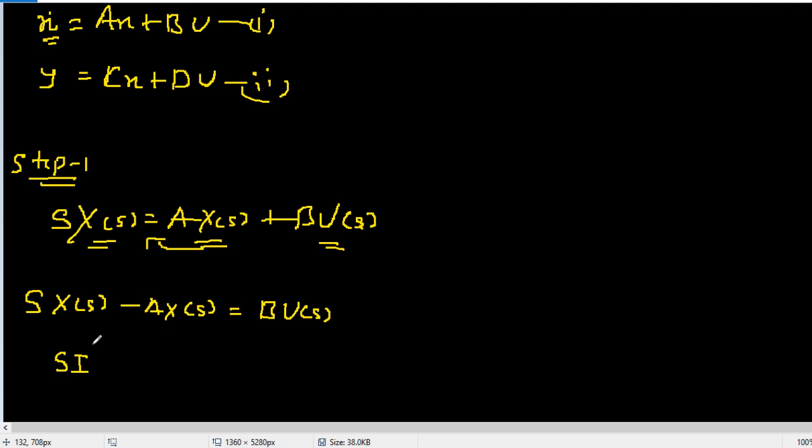So we need a matrix to solve that particular equation. For that we take this identity matrix. There's nothing else, and this one becomes something like that.